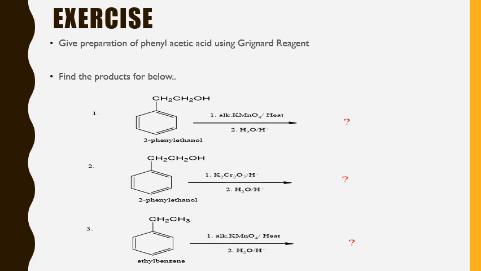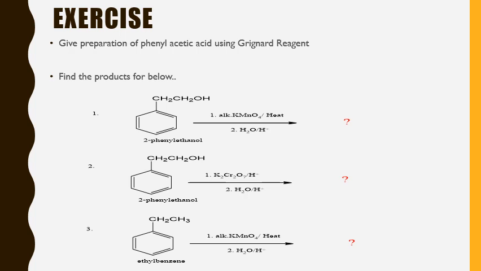Do both give the same product or do they differ in product formation? You can think of it. The hint is that alkaline KMnO4 is a stronger oxidizing agent than acidified K2Cr2O7. You can just Google it. Otherwise, we will see the solutions in the next class.